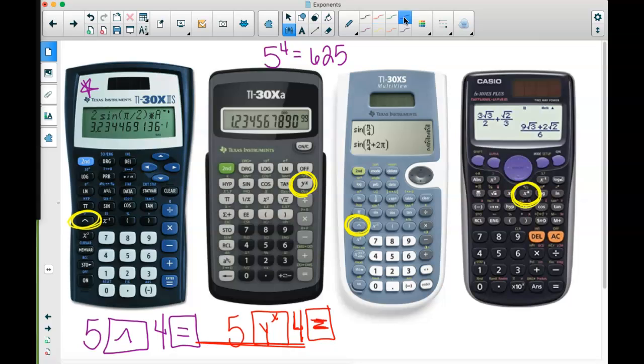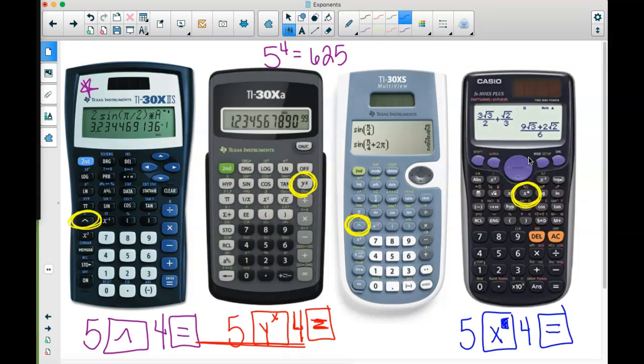So you would enter 5 and then hit that button, X with the little square, and then hit 4 and hit equals. Okay? And so if you do 5 to the 4th power, you get 625. You should get 625 anyways.